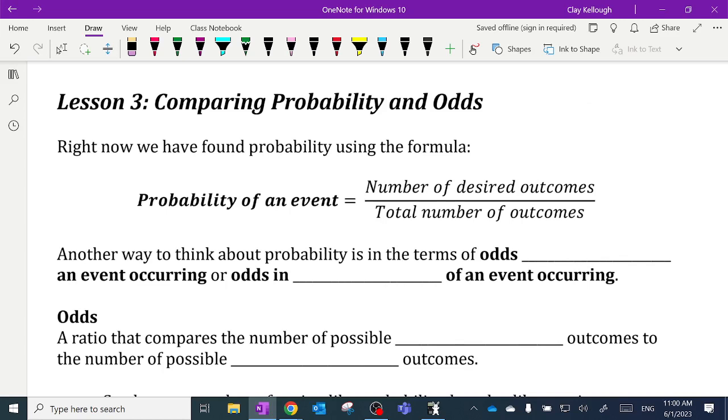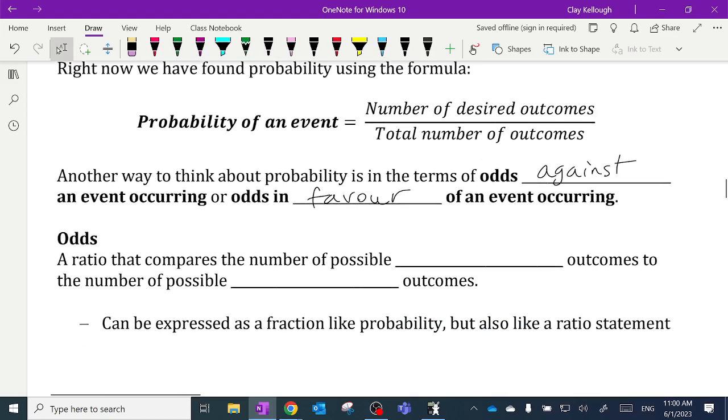Another way to think about probability is in terms of the odds against an event occurring or odds in favor of an event occurring. So the two blanks that we want first are against and favor.